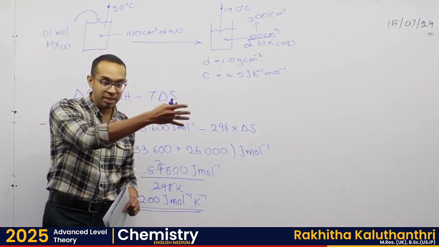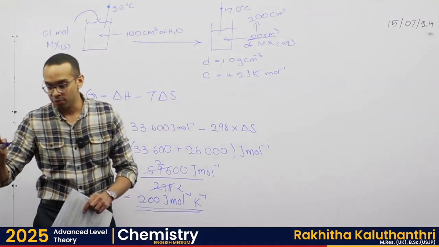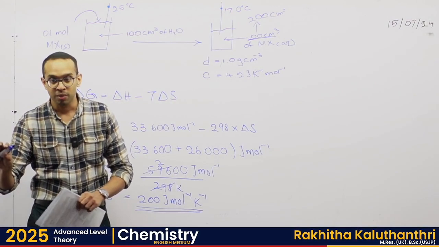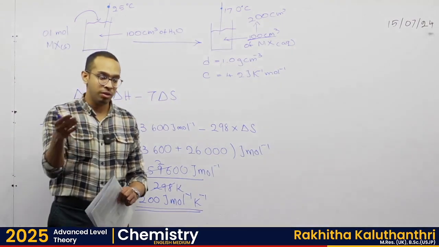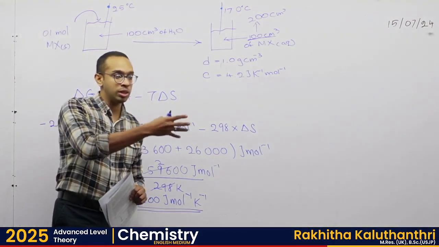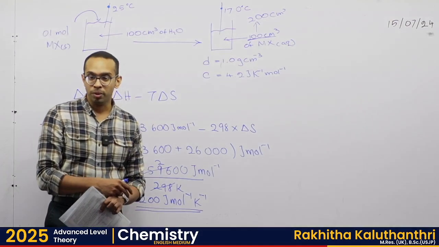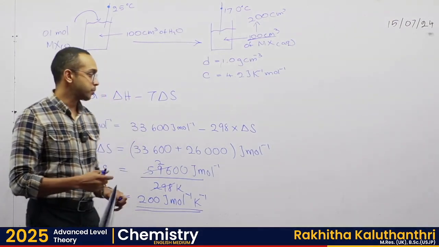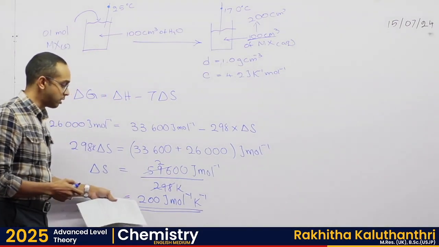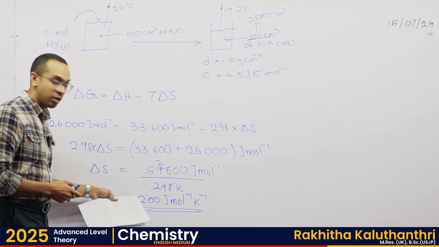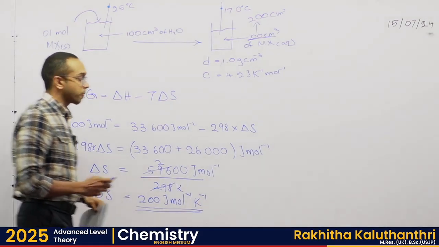Entropy has increased. Earlier the solid particles were in a well organized manner. Usually, not all the time though, entropy increases. Clear? In general. So this proves that delta S is positive, right?